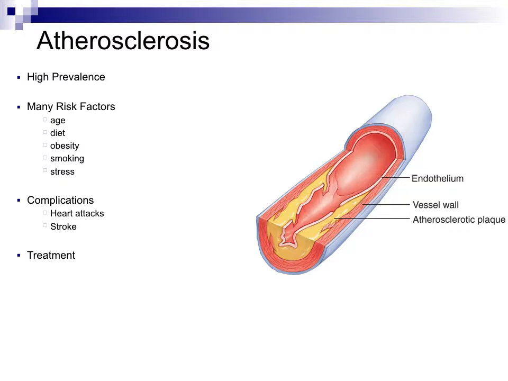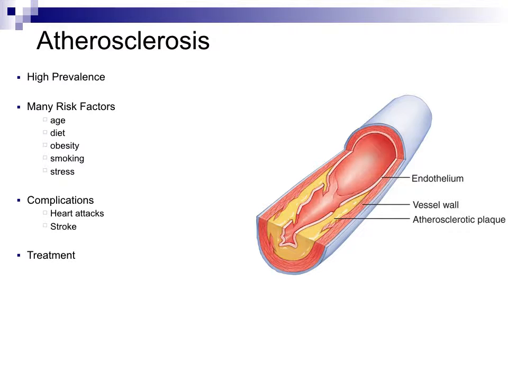This is very, very bad because if those tissues are the heart or the brain, they can start to die within a few minutes. It also roughens up the inner surface of the arteries, and so it's a place where a blood clot can form.